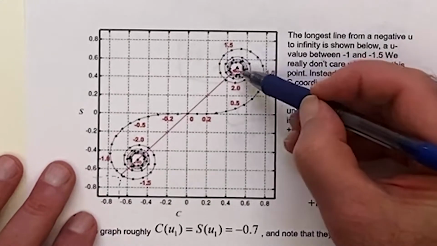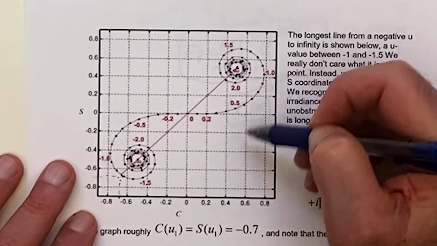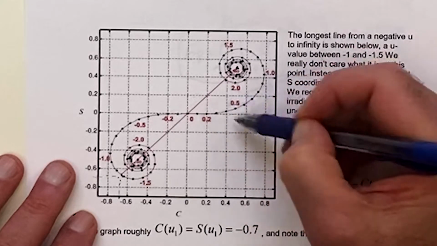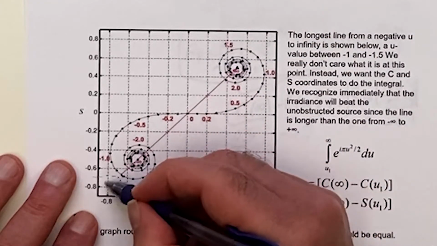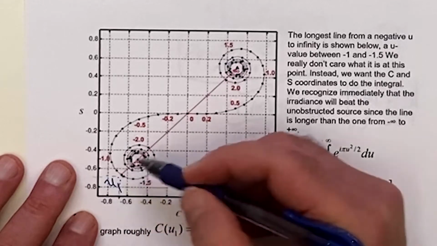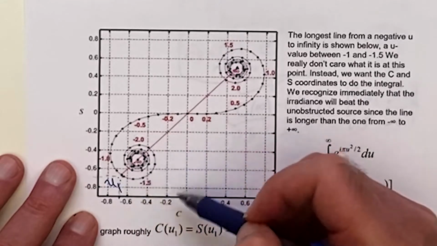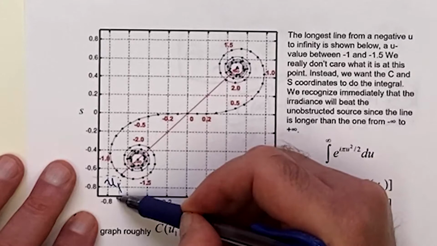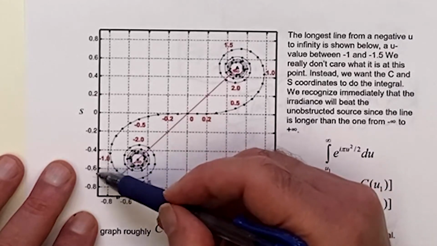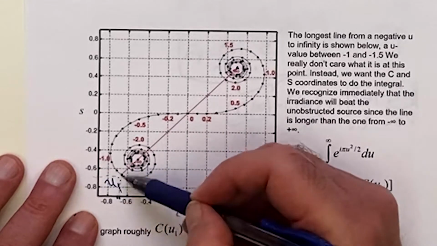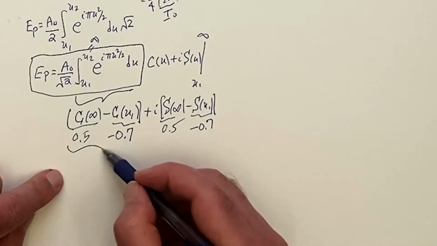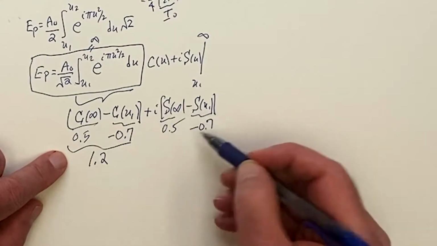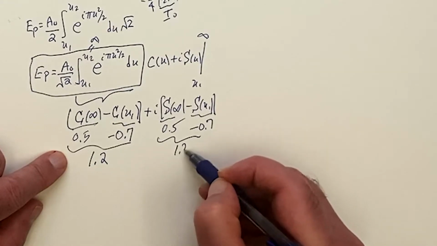So just to make sure we understand that. Here at infinity, the C and the S are 0.5. But here at u1, which is going to be down in here, where we're integrating from, the C and the S are going to be negative 0.7 and negative 0.7. So when we do that, this will become 1.2, and this is, again, 1.2.